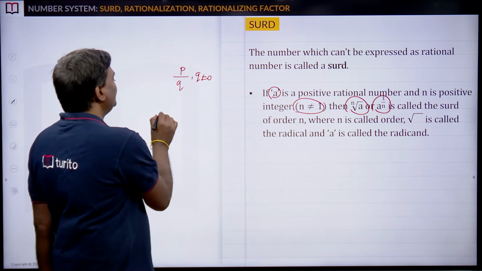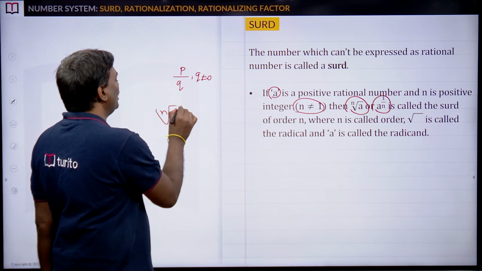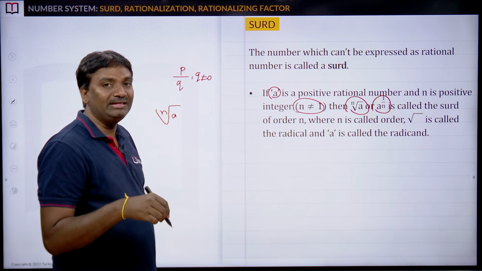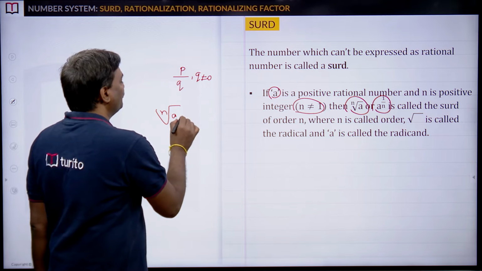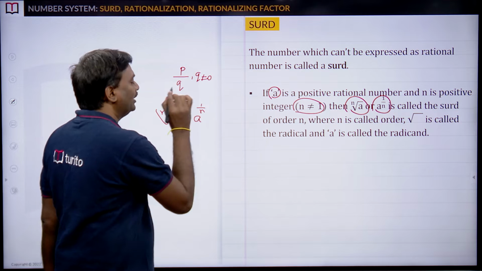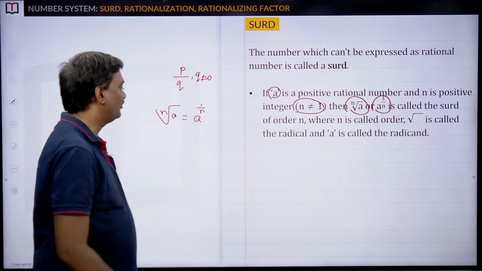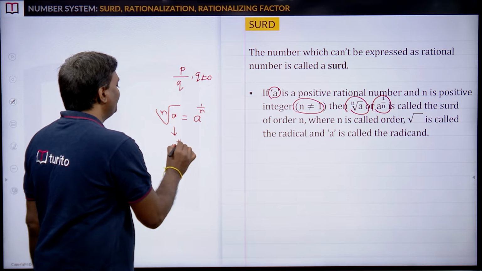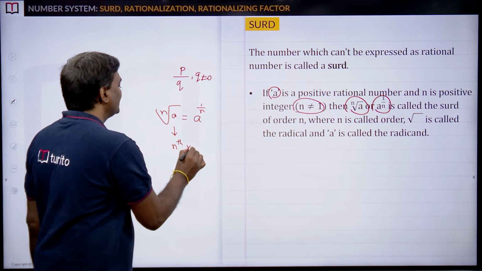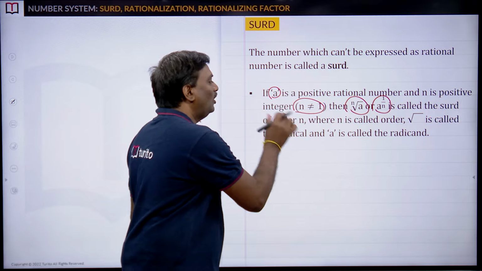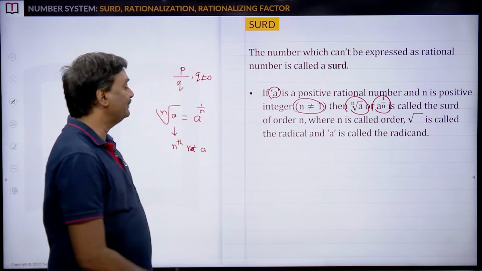We read this as nth root of a, that is not n into root a. N into root a differs from nth root of a, and we can write this as a power 1 by n. We read this as nth root of a, which is called the surd of order n.